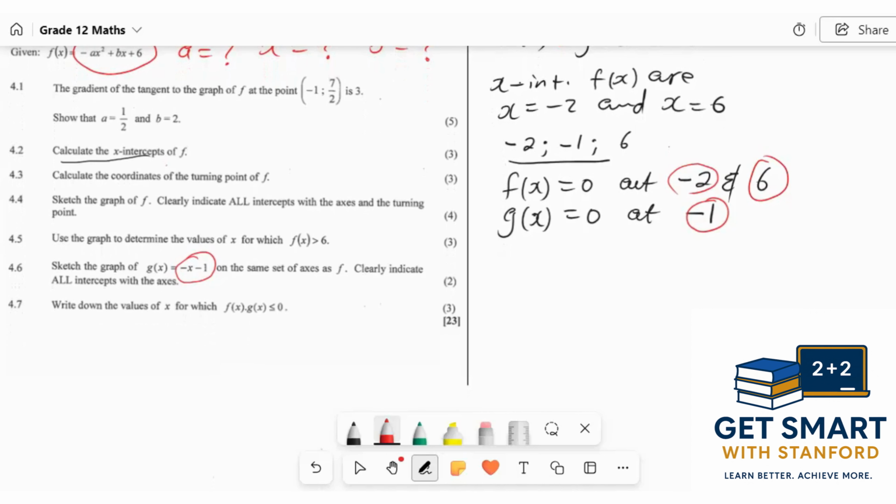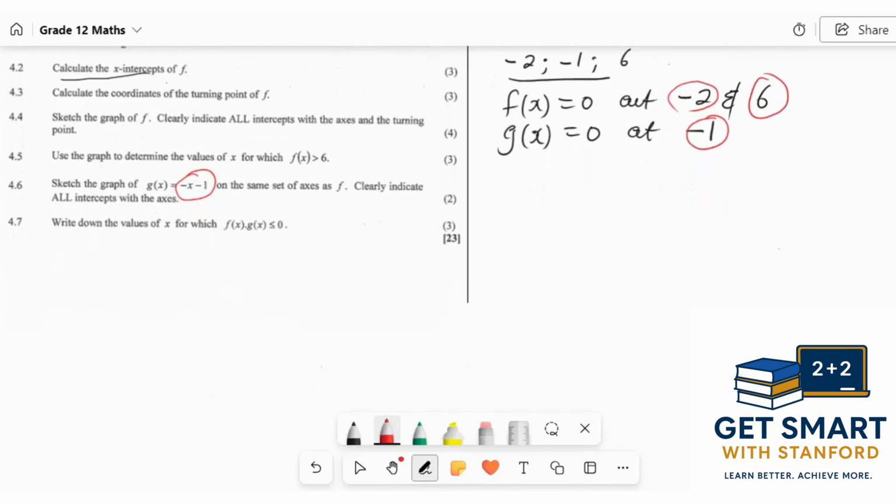So I believe you've now gotten what the critical point is. Now we're going to have something called a sign table. What is a sign table? That's where we're going to check what sign, be it negative or positive, those are the signs that we're talking about. What sign are we going to get for each graph at particular intervals?